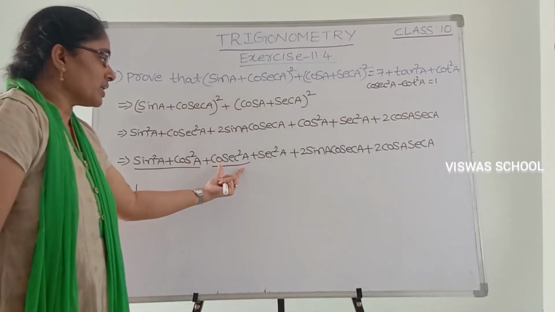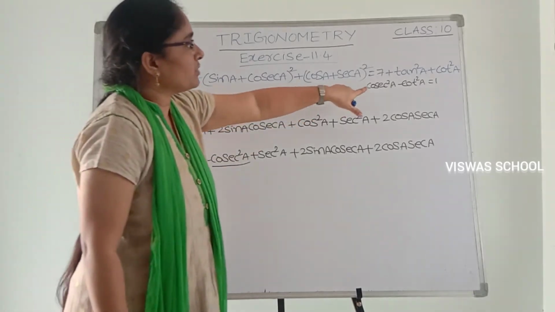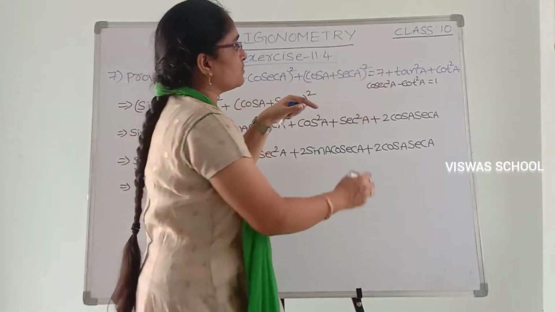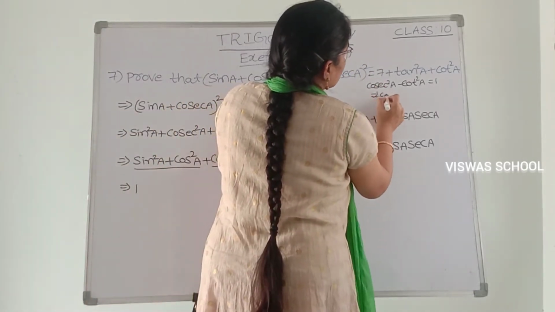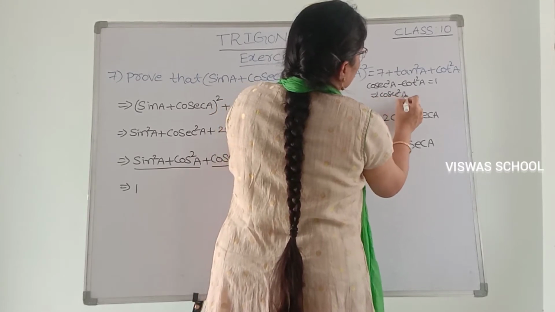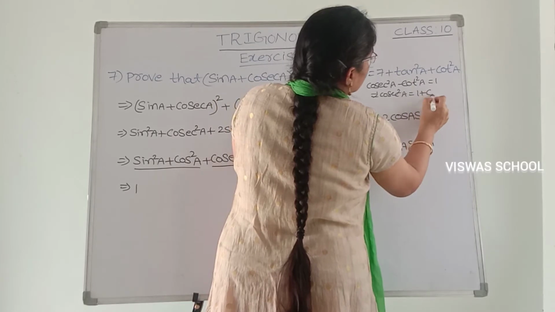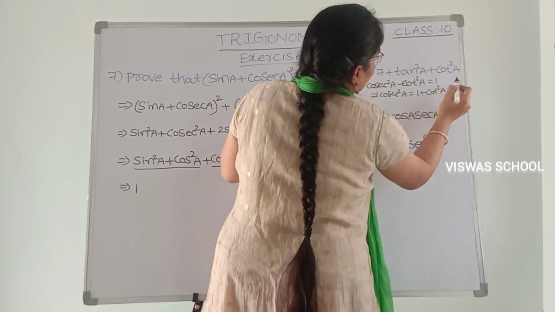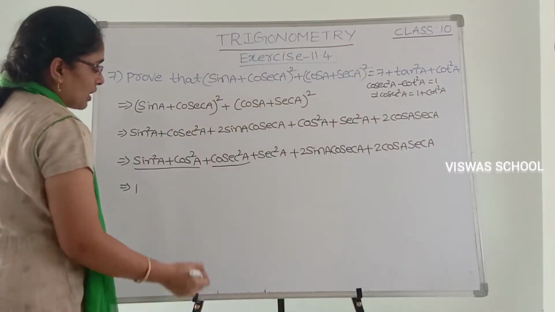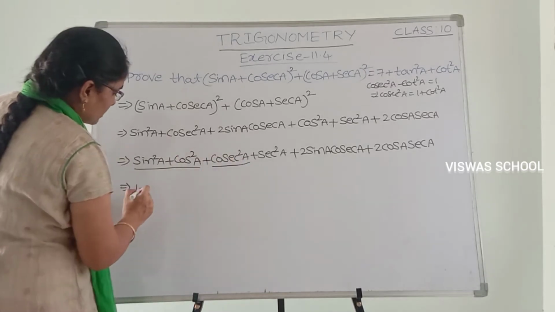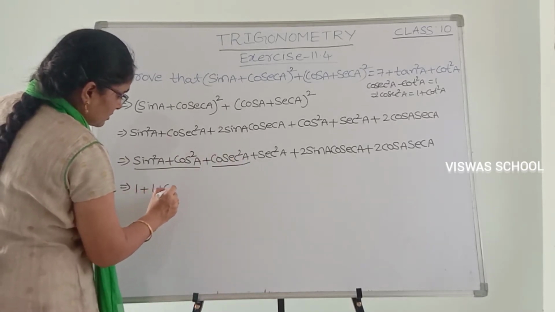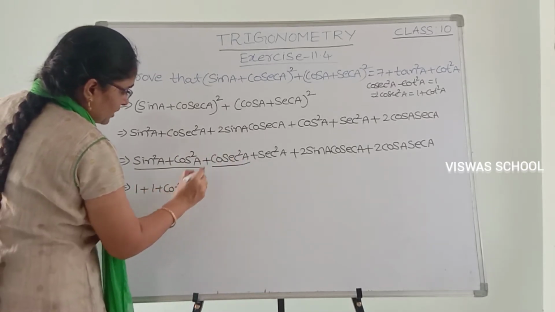Here we have cosecant square A, and how do you write this? Cosecant square A is equal to 1, writing minus cot square A to this side, that is 1 plus cot square A. Now substitute here in this place 1 plus cot square A.